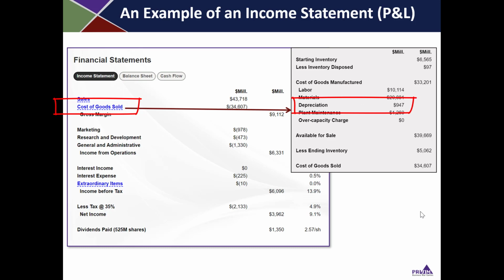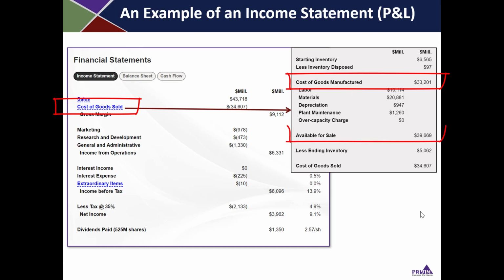Expenses that are directly tied to units of products sold. And COGS really represents inventory that you're selling in the period. That's what it really is. And that's why in the pop-up, you can back into your COGS number by looking at cost of goods manufactured and seeing what you actually sold out of what was available to sell.